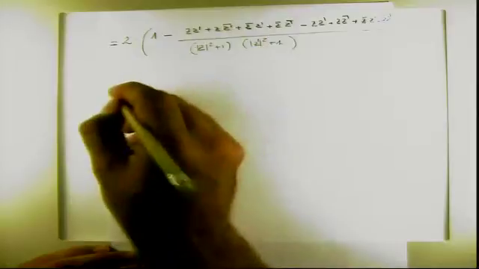So I have minus z z prime plus z z prime bar, then plus z bar z prime, and then minus z bar z prime bar. And I continue here.